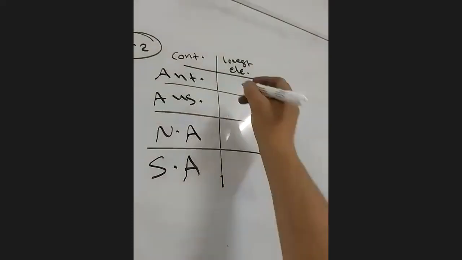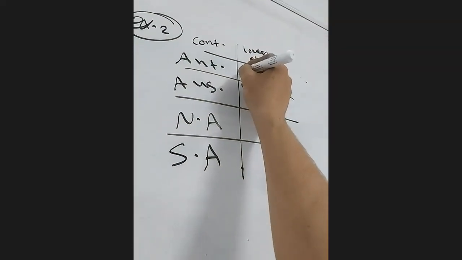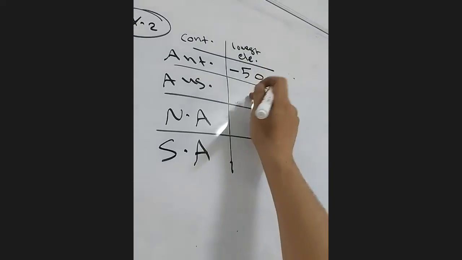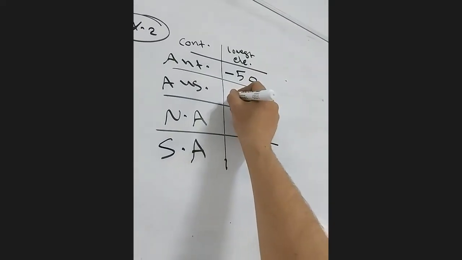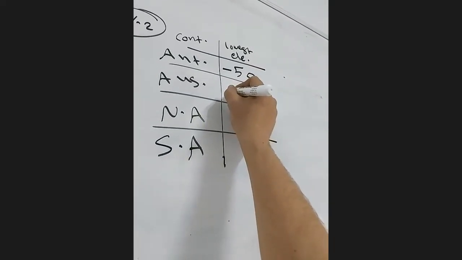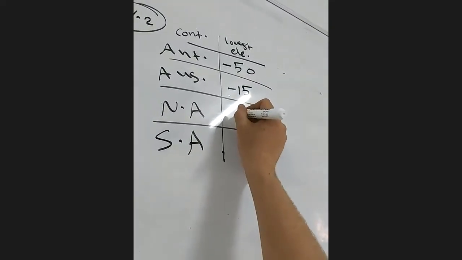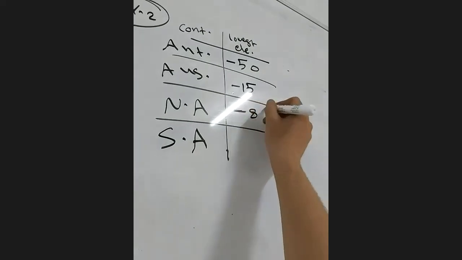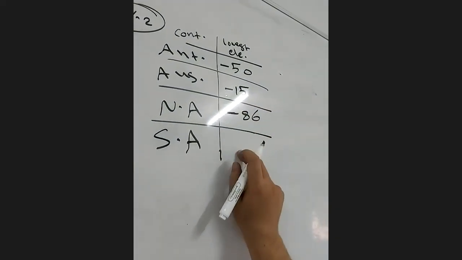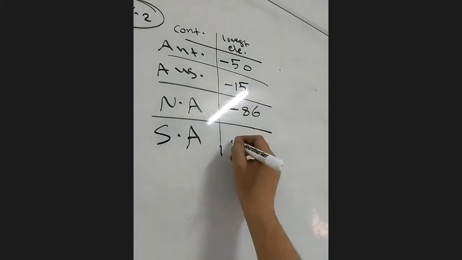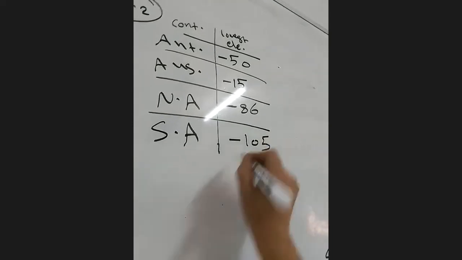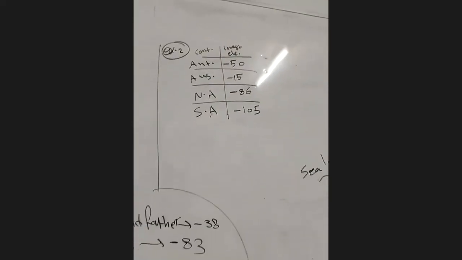Negative 50. Australia? Negative 15. North America? Negative 86. South America? Negative 105. Continue. Read the question now.